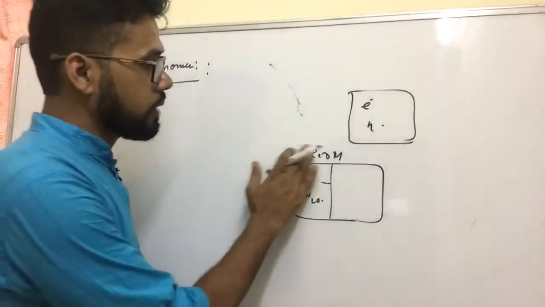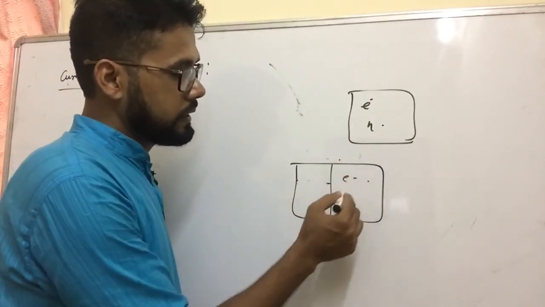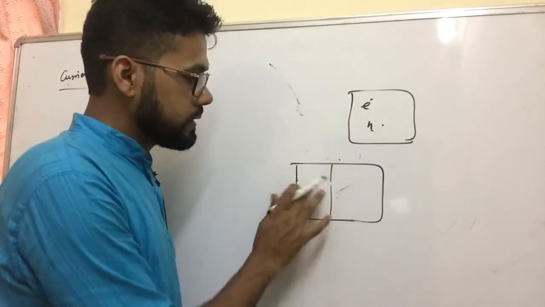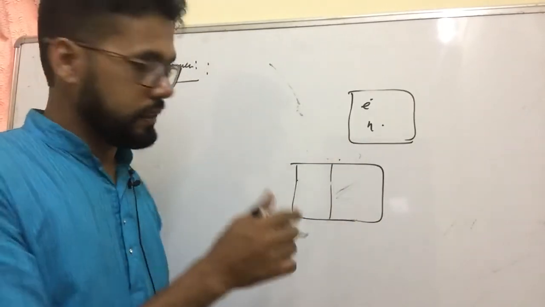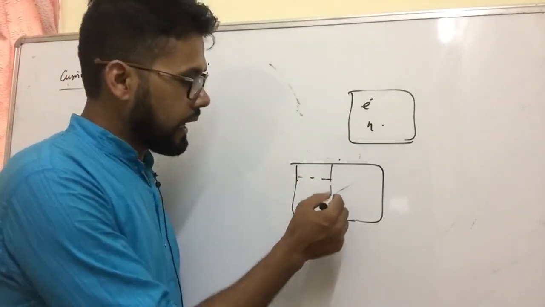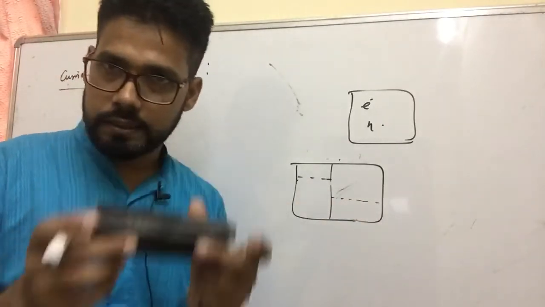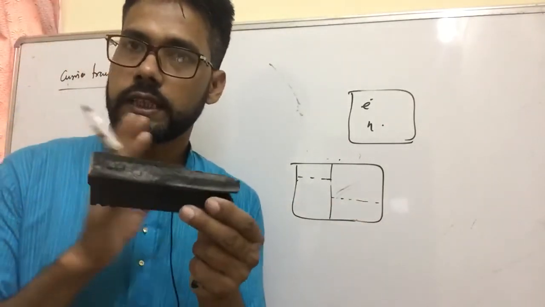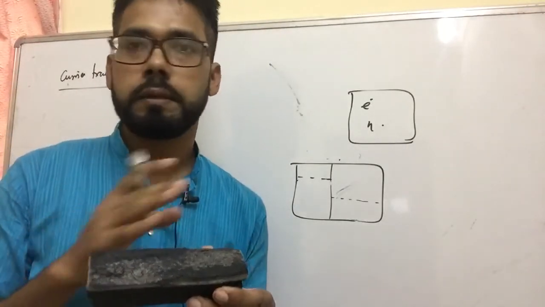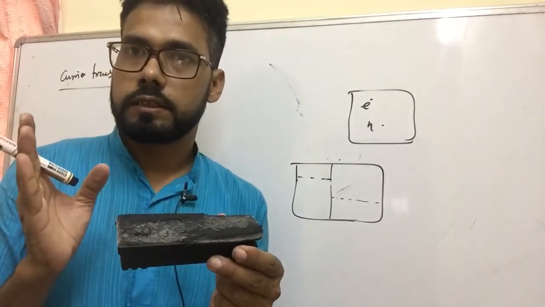Similarly, consider a semiconductor. This semiconductor is partitioned into two parts. In one part the concentration of electrons is very high, and in the other part the concentration, maybe of electrons, maybe of holes, whatever it is, is very low.